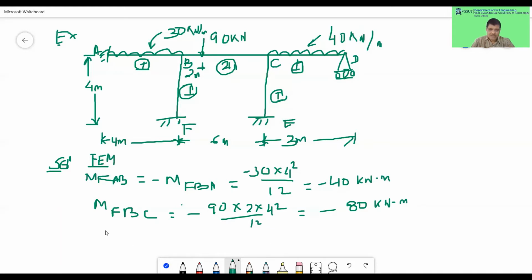Now let us go to MFCB. So in MFCB, this comes out to be plus 90 into 2 square into 4 by 6 square. So this value comes out to be 40 kilonewton meter.